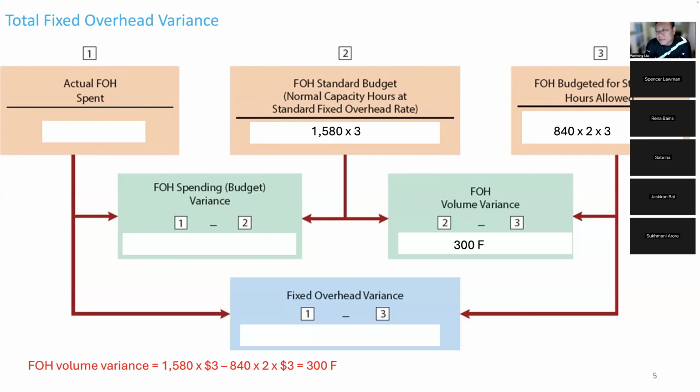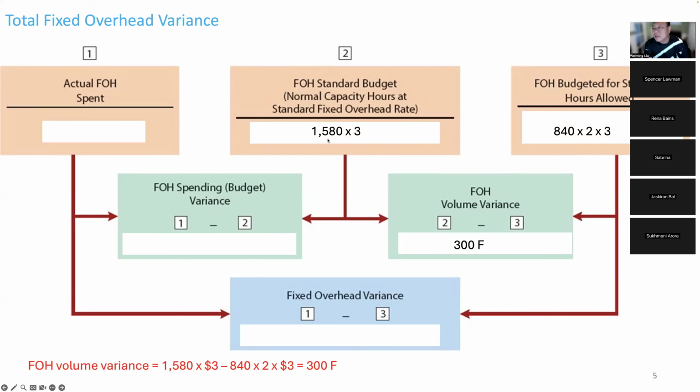For the actual, you can see they were able to make 840 units times 2. So the standard direct labor hours allowed for this output is 840 times 2, which is 1,680. So you compare 1,680 to 1,580.